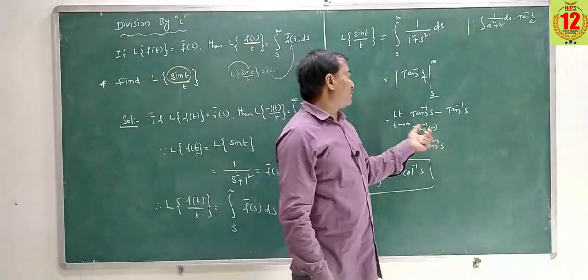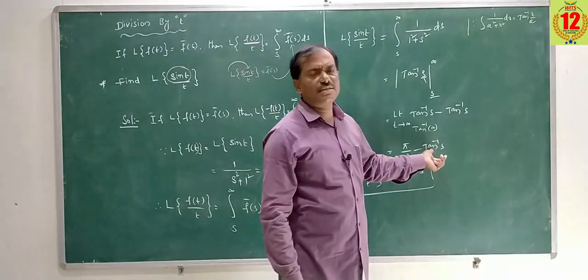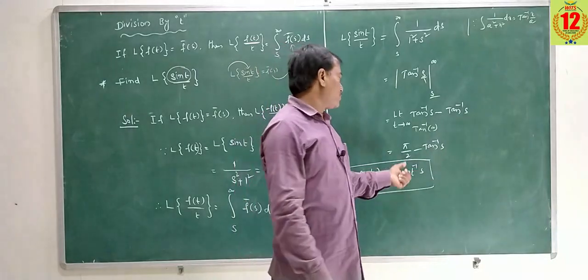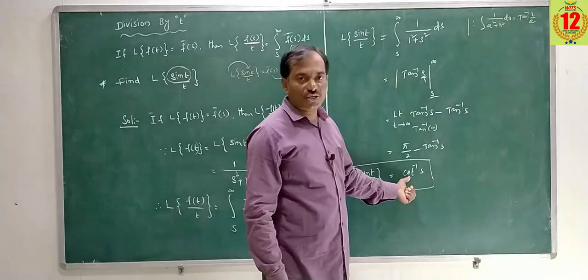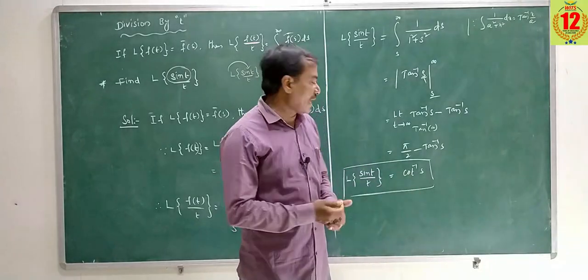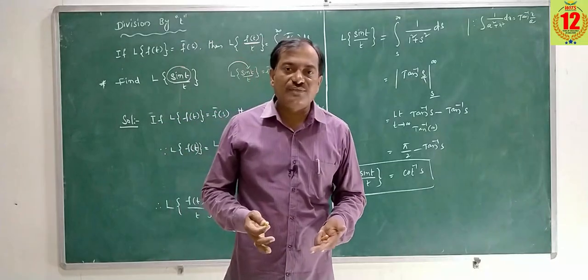So tan inverse of infinity equals pi by 2, minus tan inverse of s. Therefore pi by 2 minus tan inverse of s can be written as cot inverse of s. So the Laplace transform of sin t by t equals cot inverse of s.